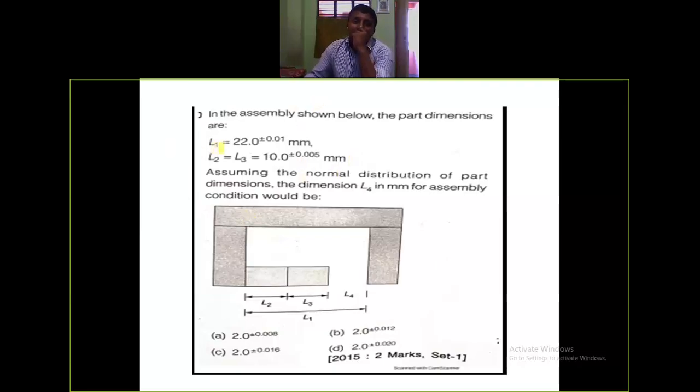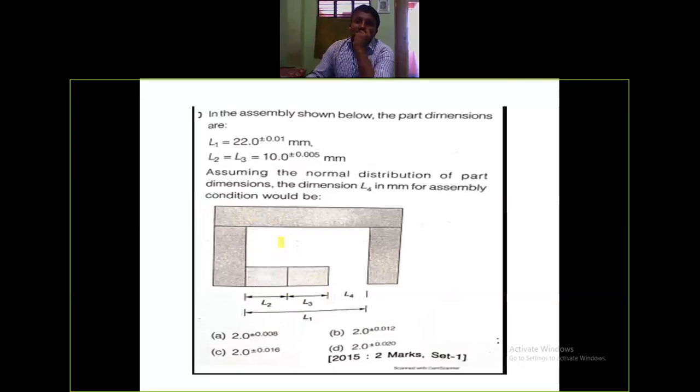This is basically a simple question. You have to just add and subtract and you will get the solution. What will be the value of L4? L1 is given as 22.010. You have to subtract L1 minus L2 minus L3.